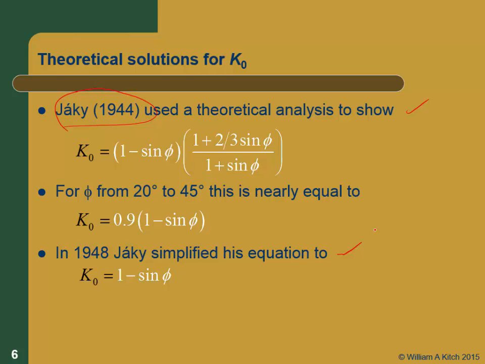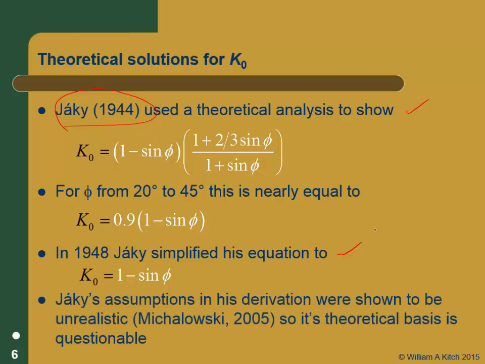Now, this is a theoretical solution, and he purported this as a theoretical solution for the coefficient of lateral earth pressure at rest. And if you read some newer stuff, there's been a bunch of papers out, strangely by physicists, and I'm citing one of them here by Mikulovsky, that show that there's something wrong with his boundary condition as a theoretical solution, and it's probably not right.